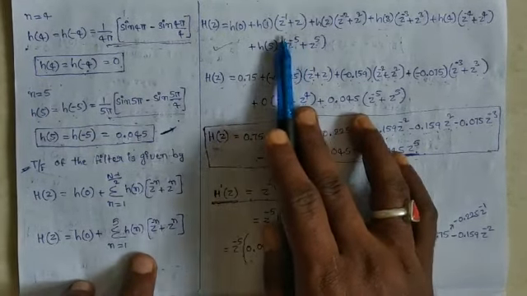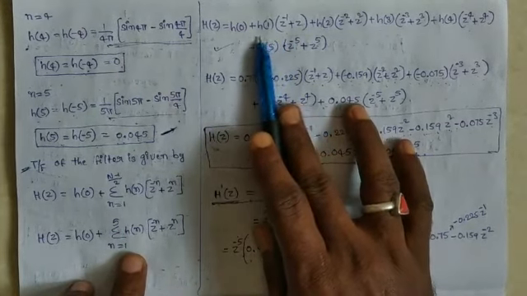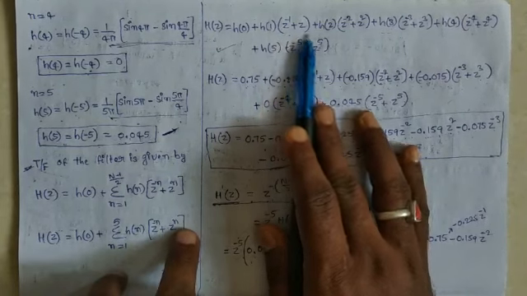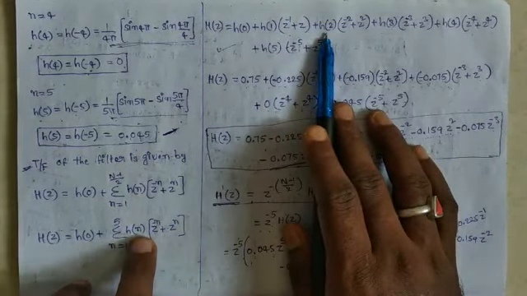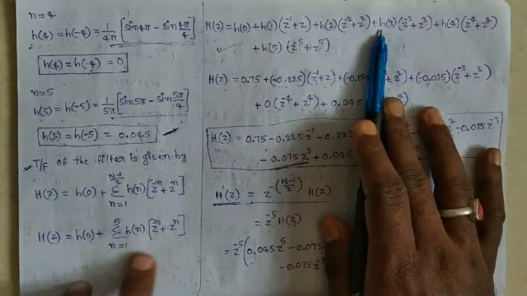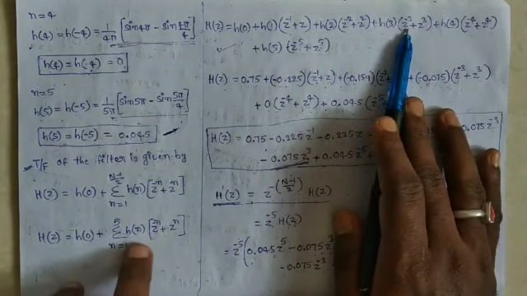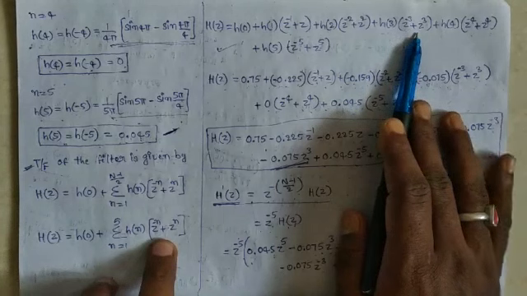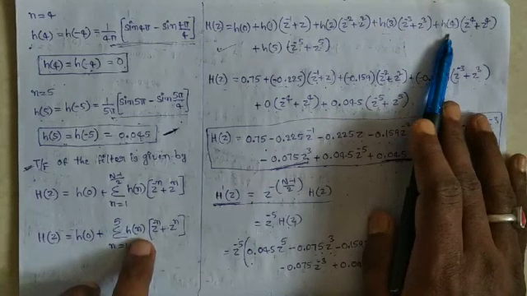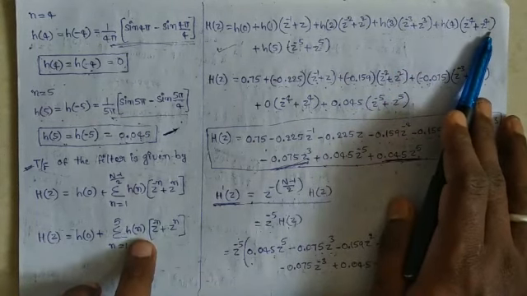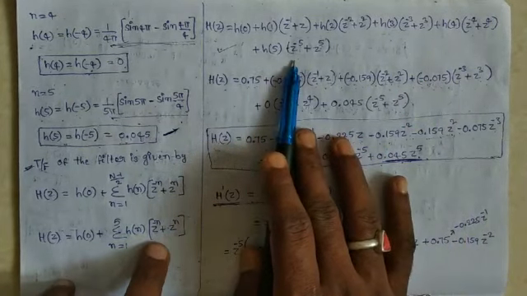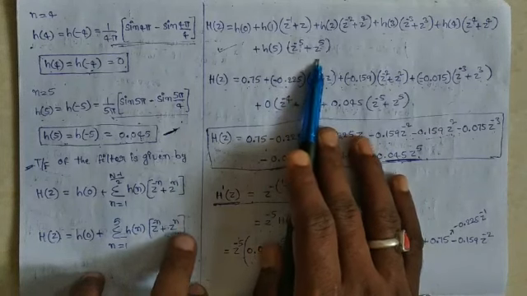5. First we write n is equal to 1: h of z is equal to h of 0 plus h of 1 into (z power minus 1 plus z power 1), plus n is equal to 2, h of 2 (z power minus 2 plus z power 2), plus n is equal to 3, h of 3 into (z power minus 3 plus z power 3), plus n is equal to 4, h of 4 into (z power minus 4 plus z power 4), plus n is equal to 5, h of 5 into (z power minus 5 plus z power 5).